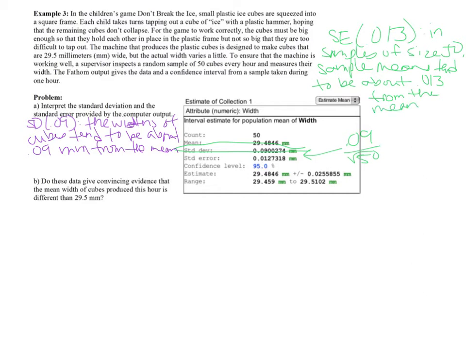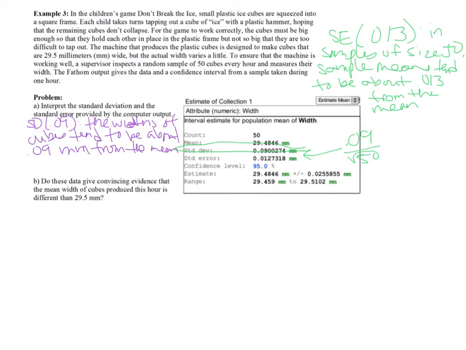So what's going to happen is if your sample size gets larger, standard deviation is just a sample size of 1, but if you have a larger sample size, then your values are going to be closer to the mean. And that's what the standard error is going to take into account.